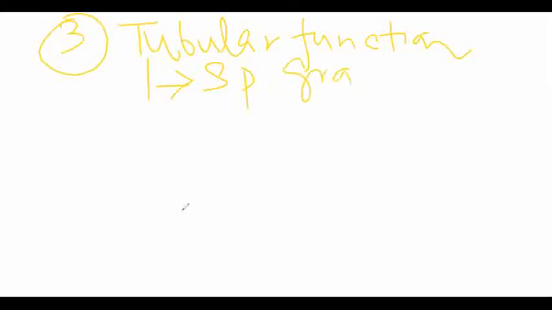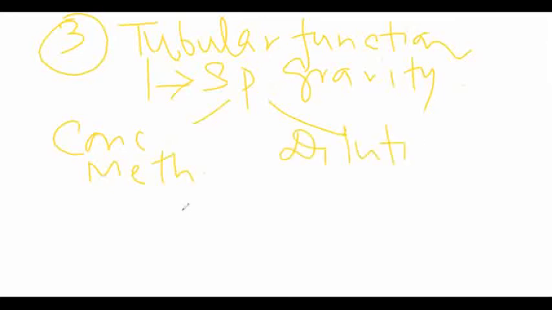Specific gravity investigation will be helpful to assess the tubular function, and the testing procedures are the concentration method and the dilution technique. These are the two testing procedures by which you can assess the tubular function. Regarding specific gravity, we have already discussed it in our previous video. Please go through the previous session on specific gravity.